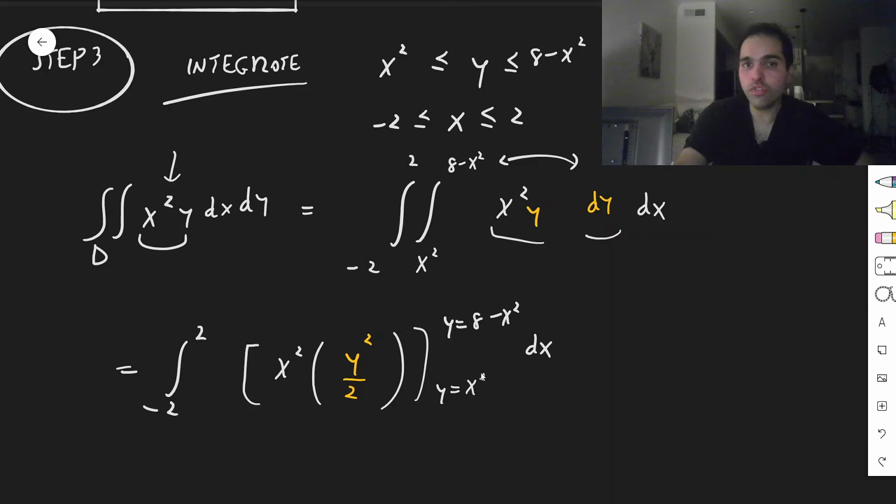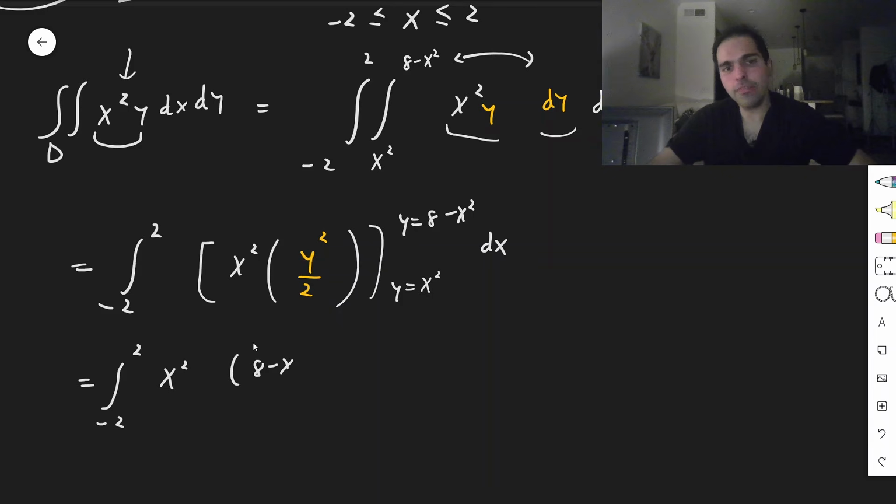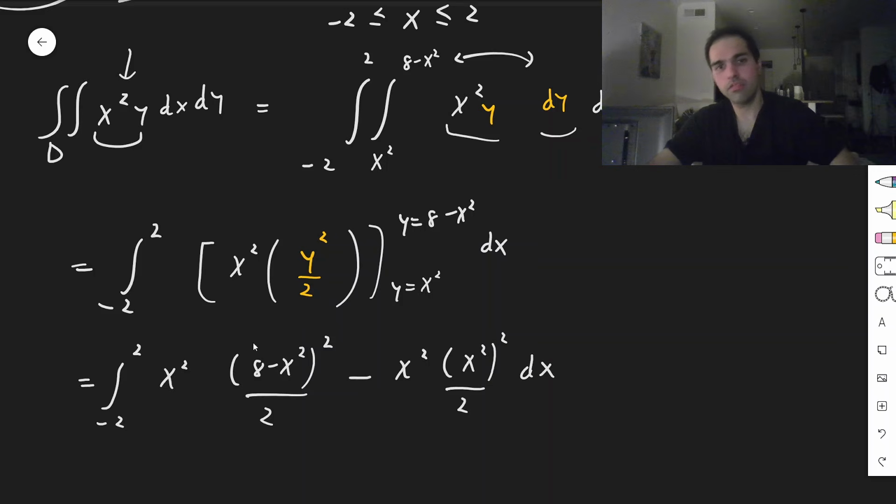Now all you have to do is plug in 8 minus x squared here and x squared here. So this becomes the integral from minus 2 to 2 of x squared times 8 minus x squared, squared, over 2, minus x squared squared over 2, dx.